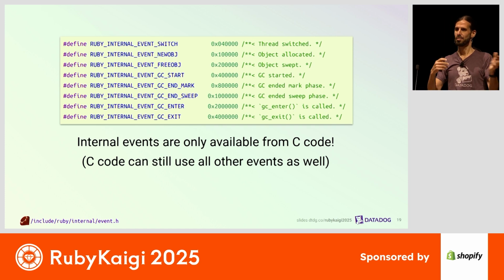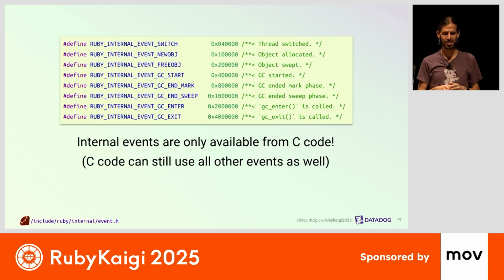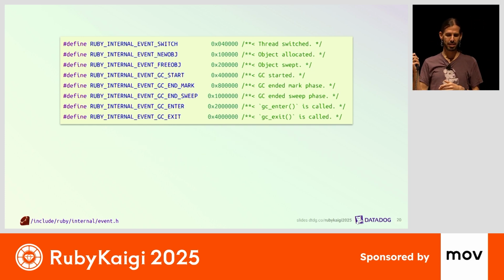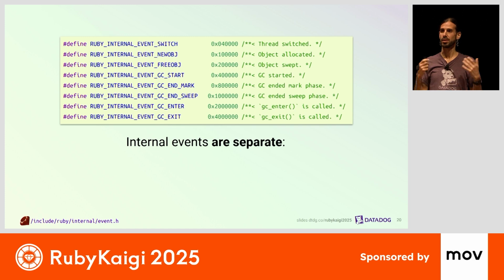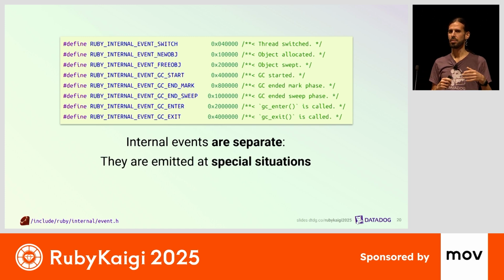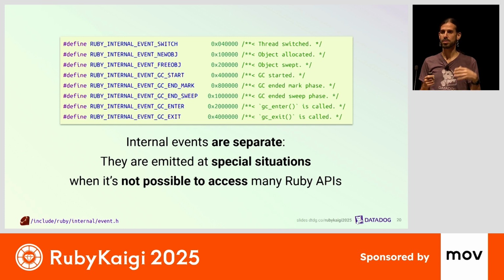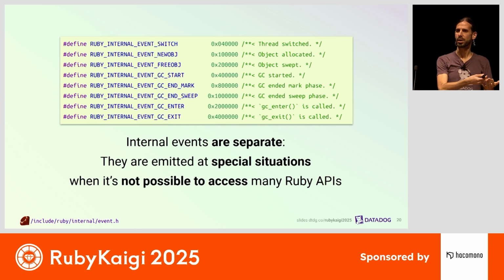So basically, C code has a bit of an advantage here because it can use the other events and it can use these events. And the thing about these internal events is that they are separate because they are emitted in very special situations where it's not possible to access many Ruby APIs. I'm guessing this is why they are not wired up to the regular Ruby TracePoint class: it would be really hard to do that.